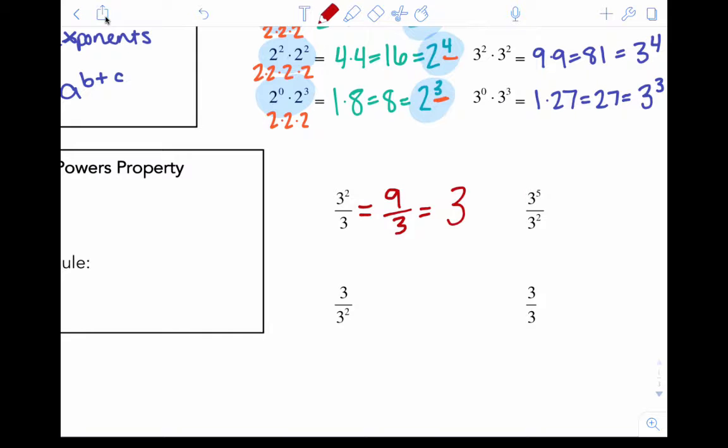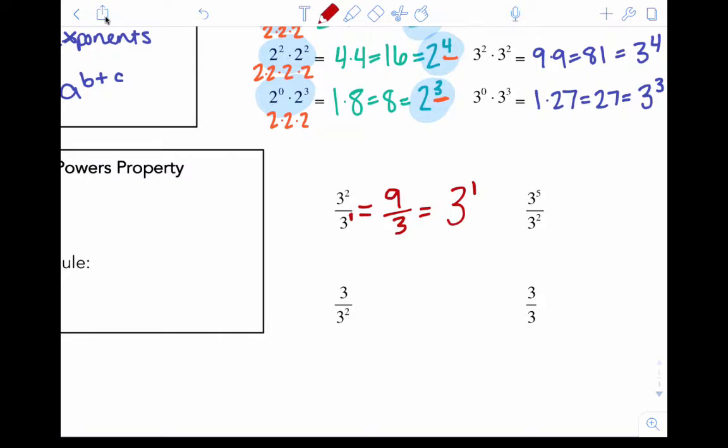If I were to write that with a base of 3, that would be 3 to the first. Now, when I do my product rule, so when I'm multiplying, I add my exponents. So now when I'm dividing, I'm going to subtract my exponents. So if I take 2 minus 1, I end up getting 1.